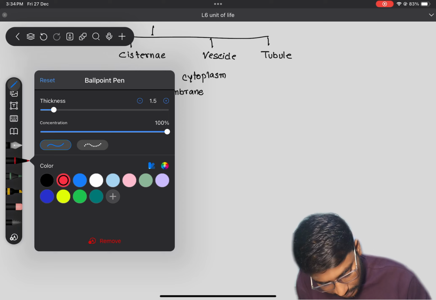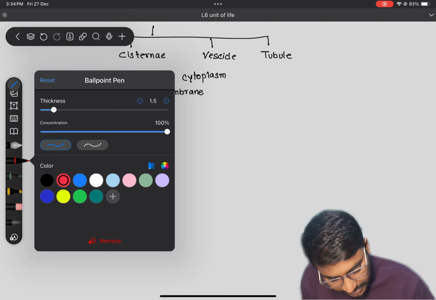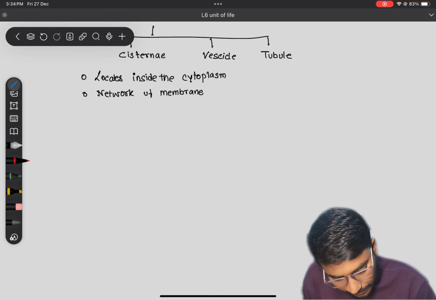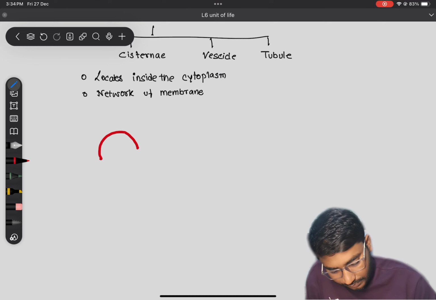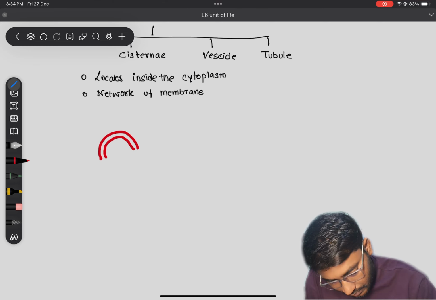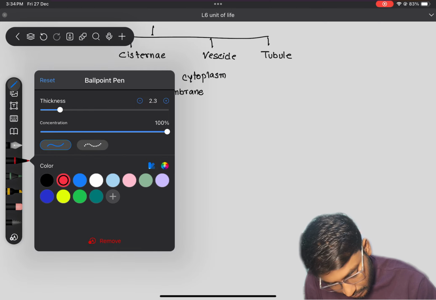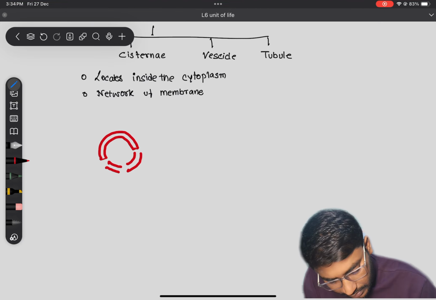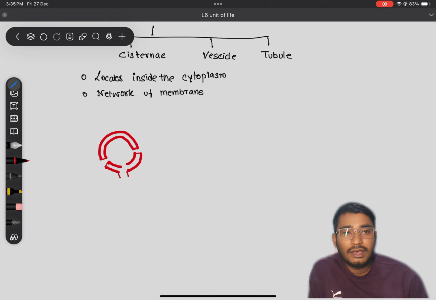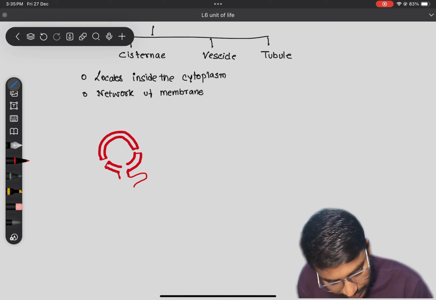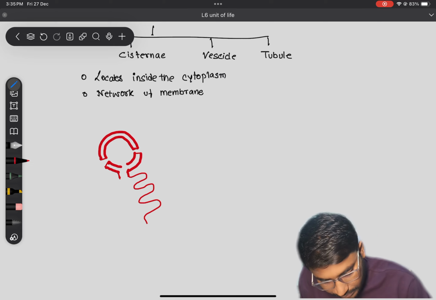How does the endoplasmic reticulum generally look? Okay, I am drawing a picture of it. Look into the picture, I will describe it here.